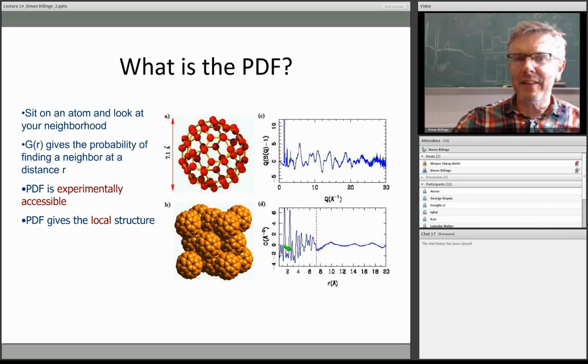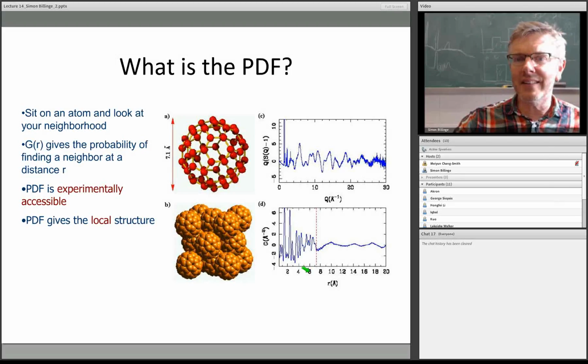We also have, here's an atom here, and the atom on the molecule that's the farthest distance away is the one that's diametrically opposite, is that one. So the longest interatomic distance on the molecule is basically the diameter of the molecule, and that's actually 7.1 angstroms. If we look in the PDF, and remember this PDF was just a Fourier transform of this diffuse scattering, we see the last sharp peak in the PDF.